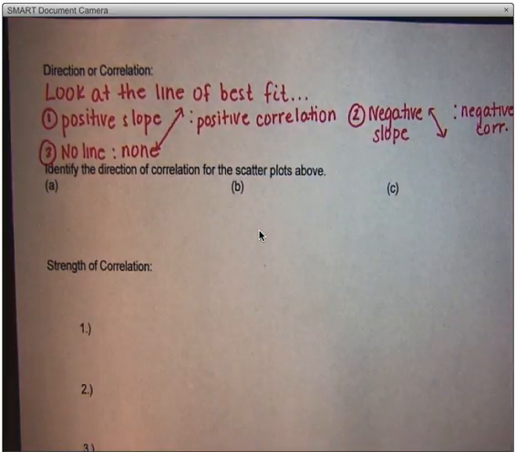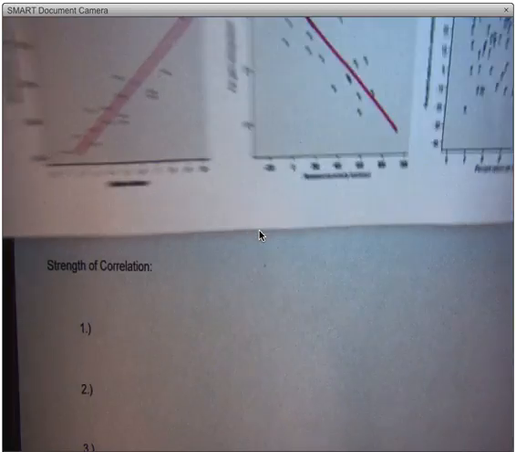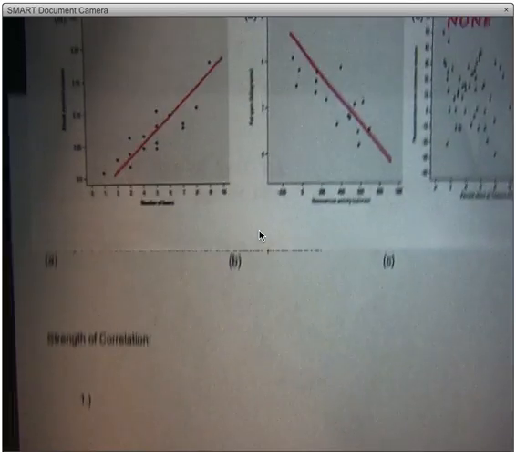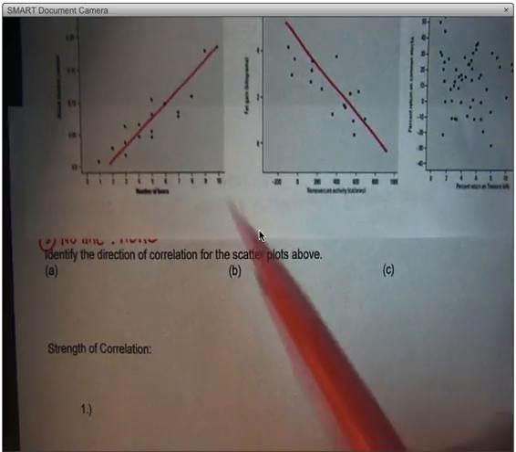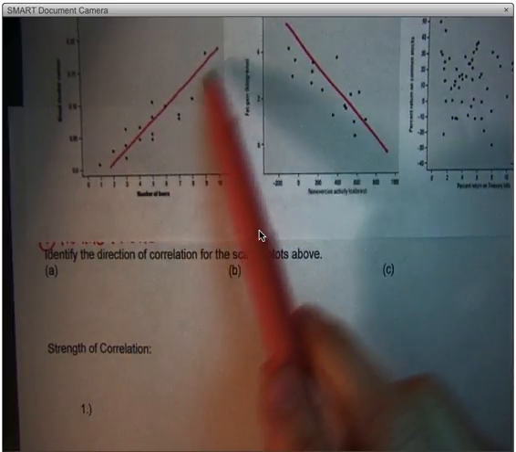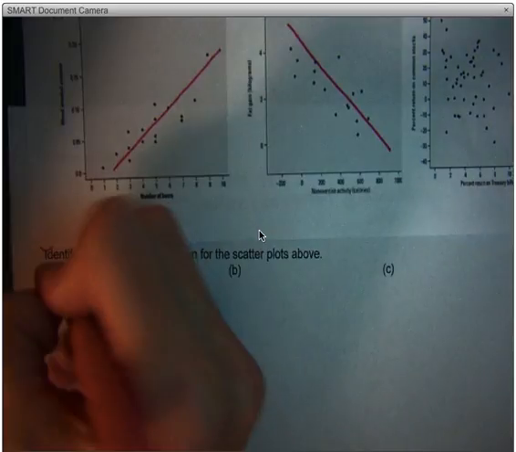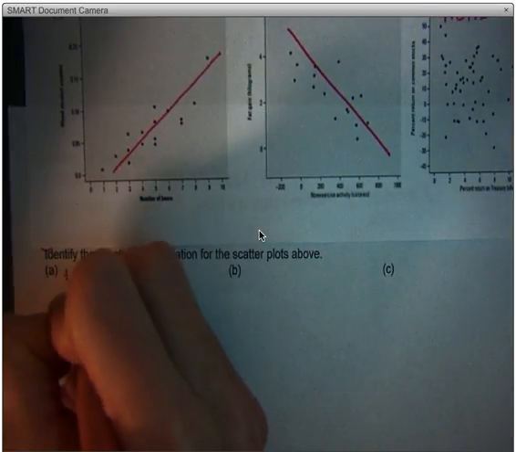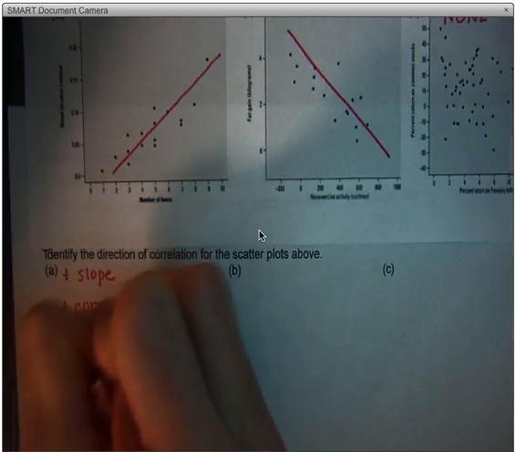Okay, so those 3 scatter plots that we just did, let's identify the direction of correlation. So if we go back and we look at example A, so this was our best fit line for example A. So it's going up and to the right. So example A has a positive slope, which means that it has a positive correlation.